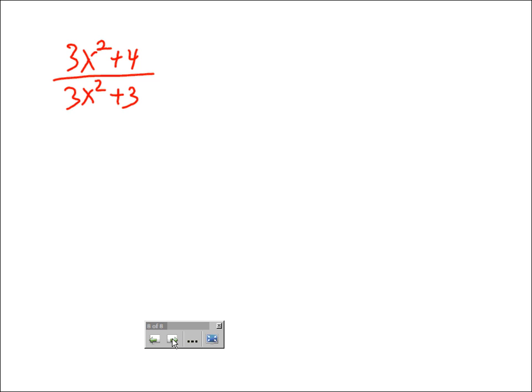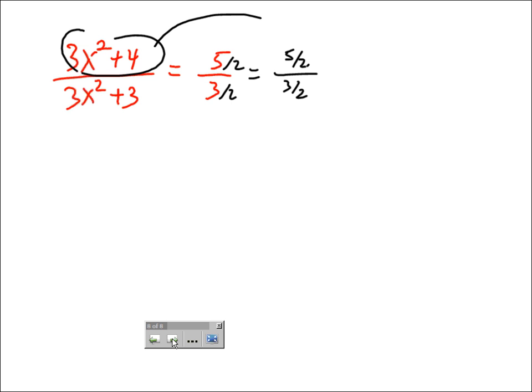So now the top is 1 bigger. So you have 5 over 3, while the top is 2 bigger. 2 divided by 2 will give you the 1. Make it 1 bigger. So I divide by 2. And I get 5/2 over 3/2. So this equals 5/2. This or that equals 3/2.